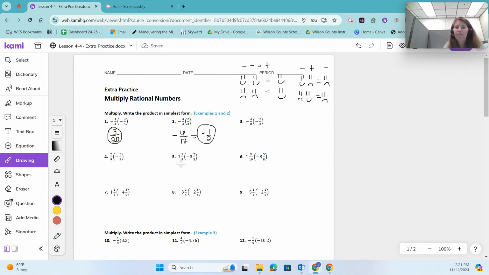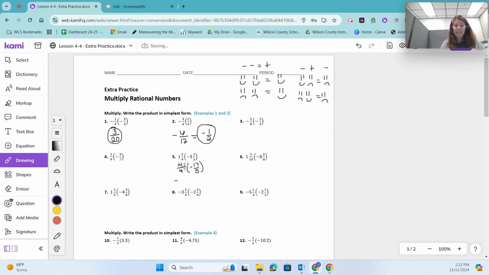Okay, if we have mixed numbers, I recommend you turn those into improper fractions first. Again, opposite sign, so my solution is going to be negative. Let's go ahead and turn these into improper fractions. 1 times 9 is 9, plus 5 is 14/9, times negative, 3 times 5 is 15, plus 2 is 17, so we get 17/5.